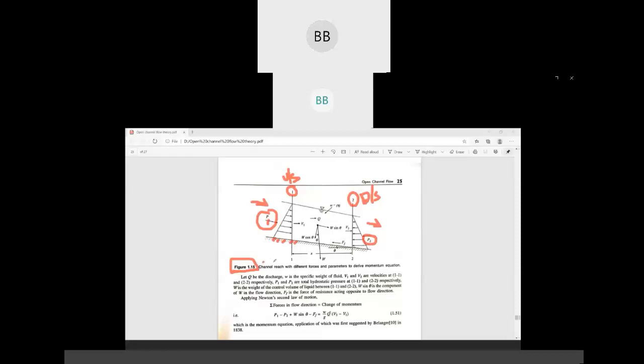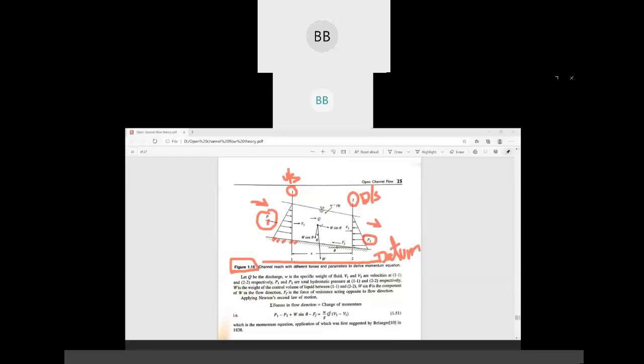So if we consider a datum line, or you can say reference line, this W will be perpendicular to this reference line. This is a straight line.